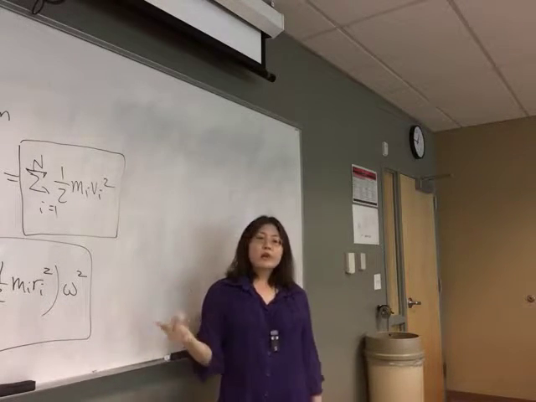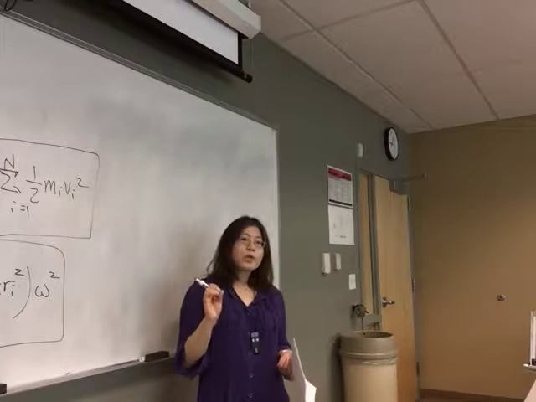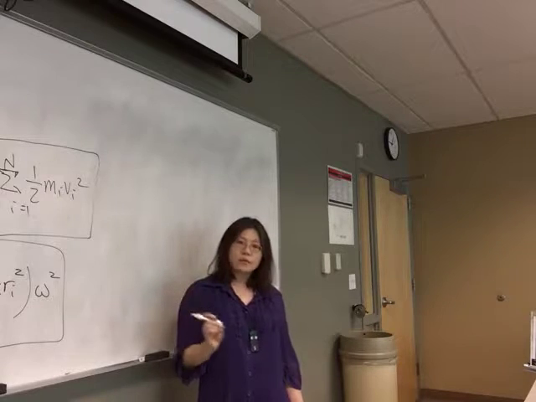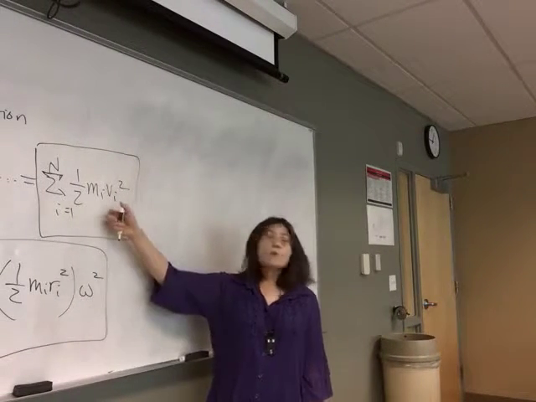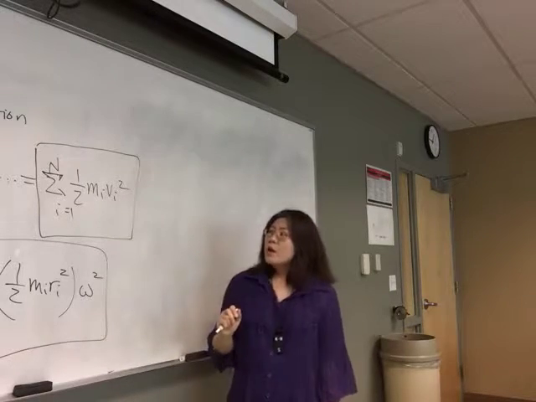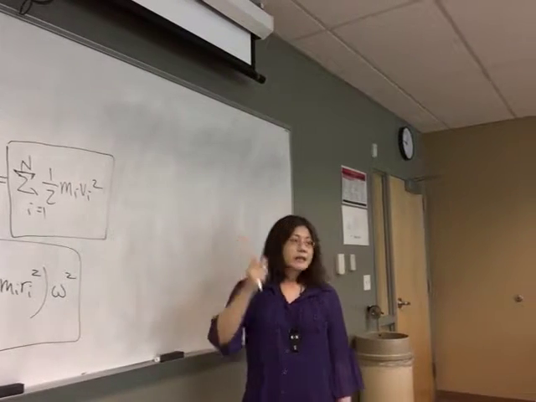So remember, we've been comparing the linear motion and rotation to see what would be the equivalent counterpart in rotation. And we identified that v and omega is the counterpart of v in rotation. What about the mass? The mass also has a counterpart.